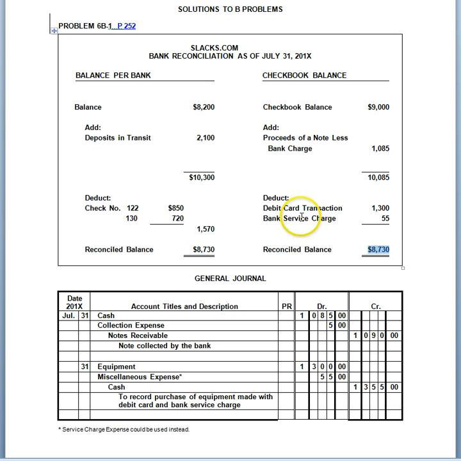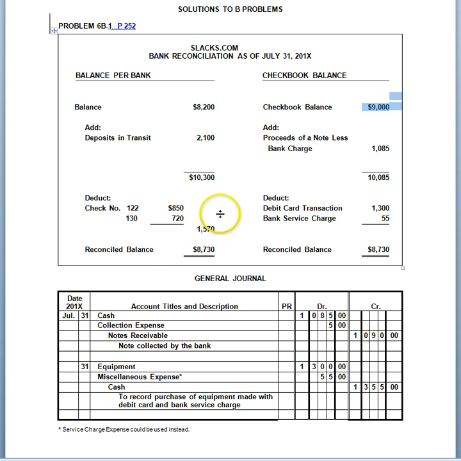Now, you can read the items one by one. Checks outstanding, what these represent here in item A. There are two of them, number 122 for 850 and number 130 for 720. That looks like it adds up to $1,570. Now, the outstanding checks represent checks that we wrote that have already been subtracted and are reflected in that $9,000 balance.